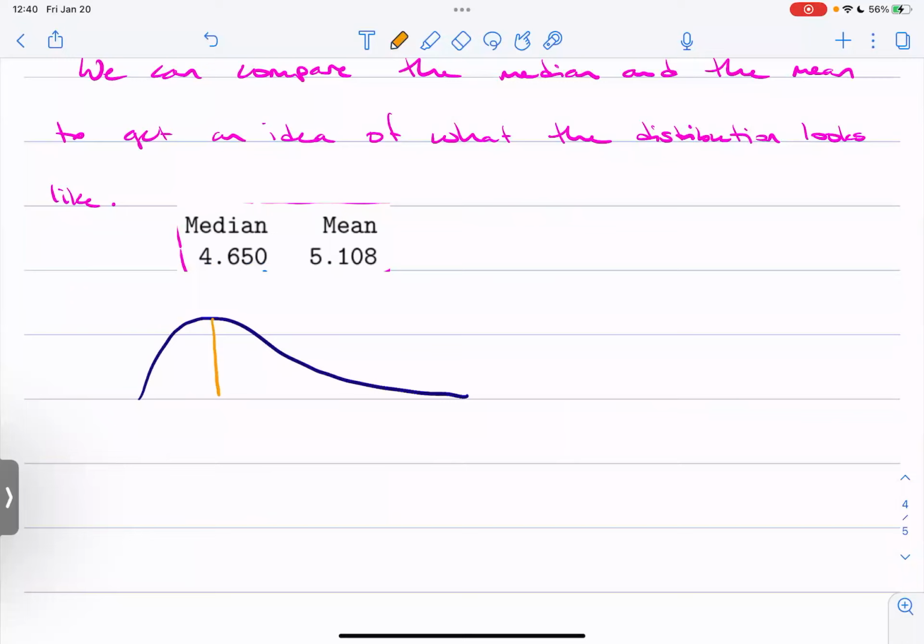Here, this would be at 4.650. And then I would have the mean of 5.108 being pulled towards the tail.